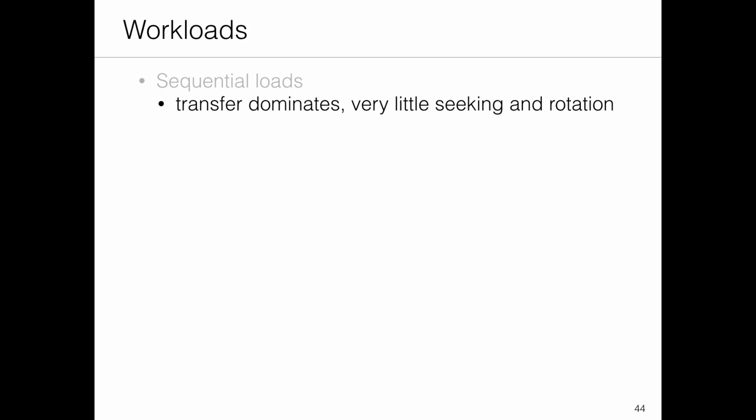Let's look at the workloads for a minute, sequential loads. So in sequential loads, is the transfer going to dominate, or is it the seeking and rotation which is going to dominate? Can anyone tell me confidently?